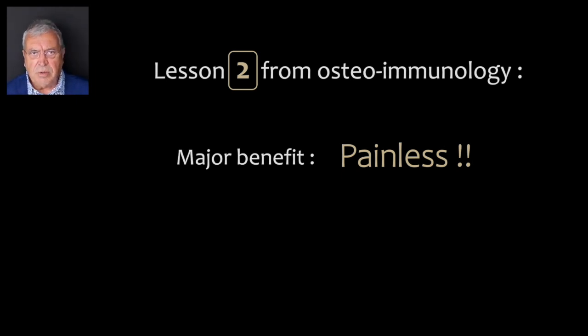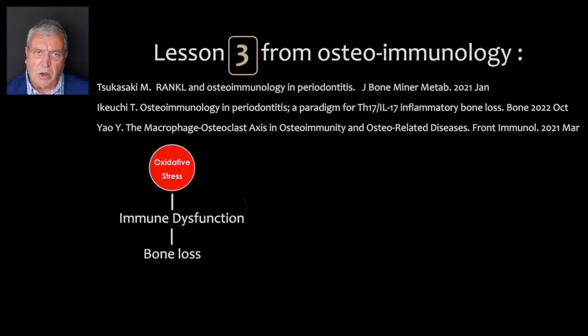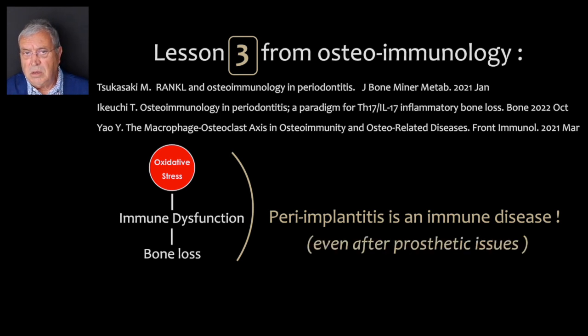The third lesson from osteo-immunology is that now we understand why we lose the bone, because of the immune dysfunction following the oxidative stress. And then it's very easy for me to say peri-implantitis is an immune disease, bone loss is an immune disease, even after prosthetic issues.